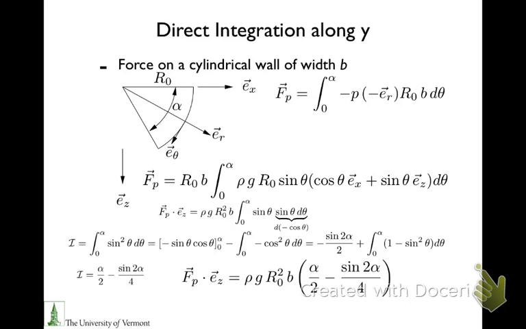Then calculating the integral I of sine squared theta, and using integration by parts, we can show that I is equal to alpha over 2 minus sine 2 alpha over 4, which leads to the normal component being rho g r0 squared b times alpha over 2 minus sine 2 alpha over 4.